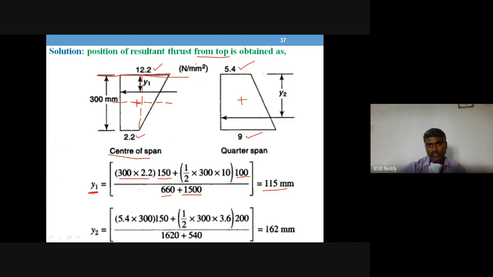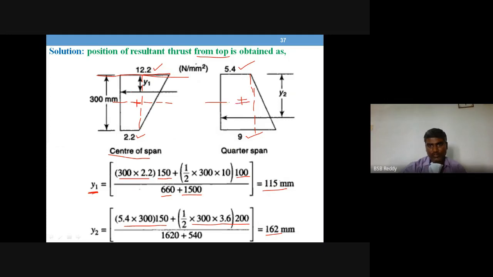In the same way, you find it by splitting this into two regular shapes: one is a rectangle of 5.4 by 300 size, and the other is a triangle with 3.6 as the base and height 300. Use the same procedure to find the centroid. That comes to around 162 mm from the top.